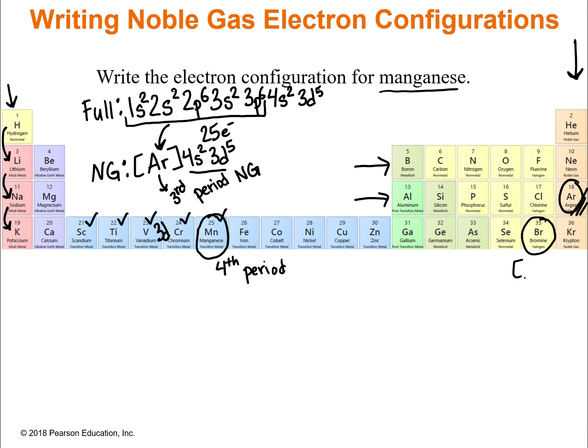You'd use argon again. What if we were writing a configuration for fluorine? Which noble gas would you use? Yeah, you'd use helium, which wouldn't buy you a whole lot because that's just 1s2. But I just want to make sure you get the concept. All right. Good.